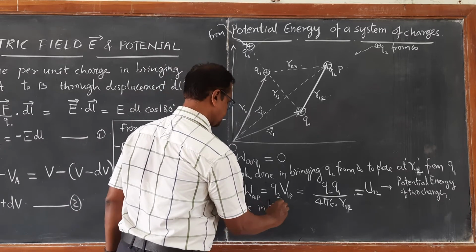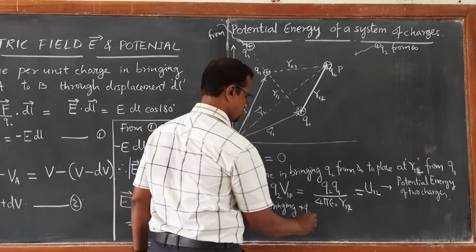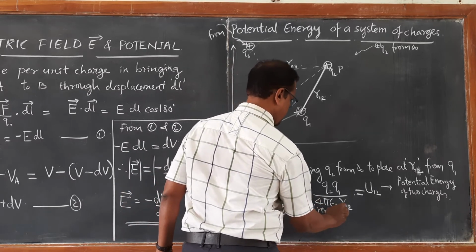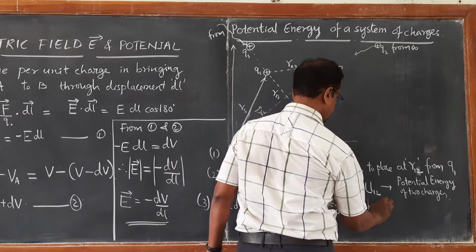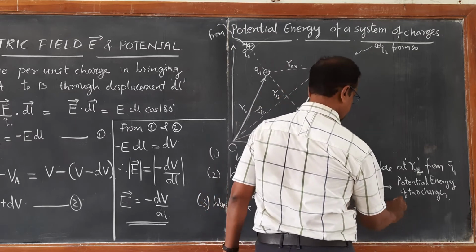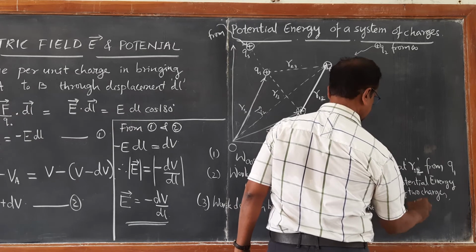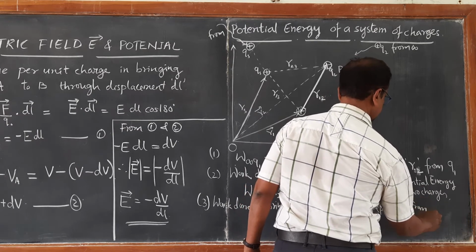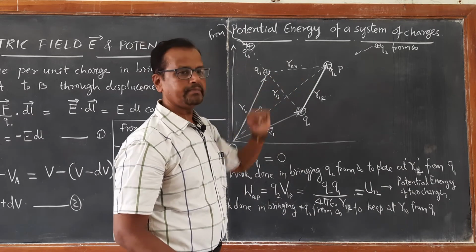So, work done in bringing plus Q3 from infinity to place it at distance R13 from Q1, and similarly R23 distance from Q2.